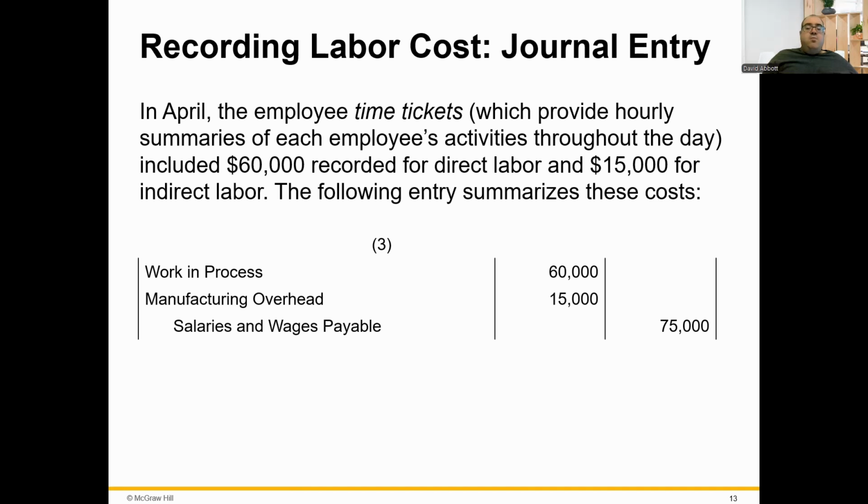So you would debit work in progress 60,000 for the labor that actually went into the making of the coins, and then 15,000 of manufacturing overhead debit. That would be for anything overhead related that they did. And then we would credit salaries and wages payable for 75,000, and that's to increase that liability until it gets paid.